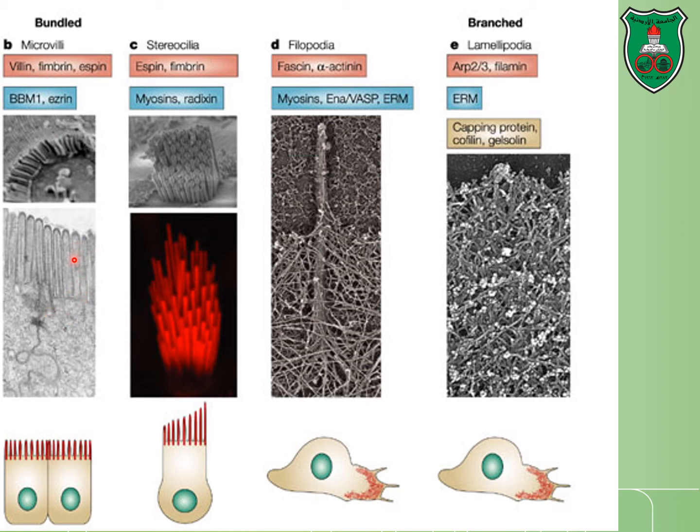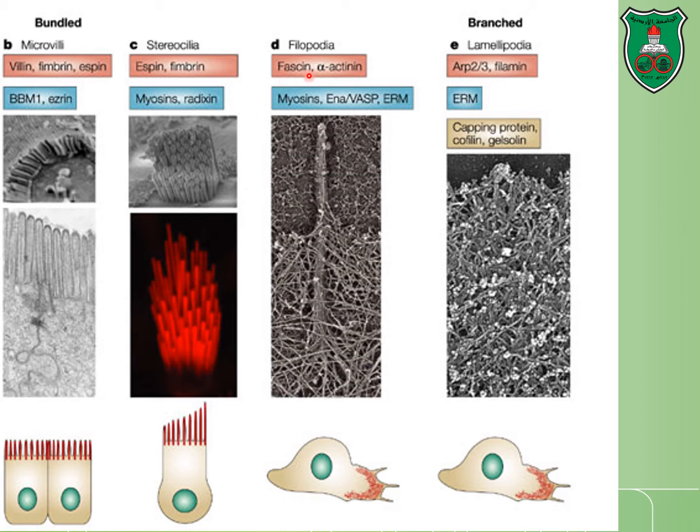In these structures you have bundles of actin filaments. You have a similar structure known as stereocilia, and you find this structure, by the way, in the auditory hair cells. These are the cells responsible for hearing. The stereocilia can sense sound, transmitting it from cells into neurons, and so on. So the stereocilia are also organized in a similar fashion.